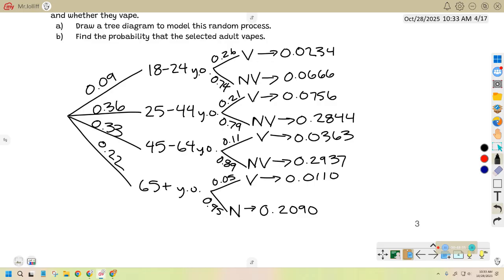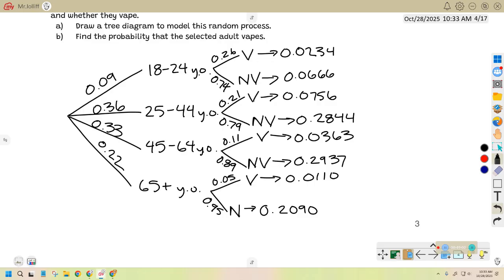So all 4 age groups should add to 1, because that's everybody. For each age group, vape plus not vape should add to 1, because that's everybody in that age group. If I add all of these probabilities along that last branch of the tree, they should add to 1, because that's everybody in the tree.